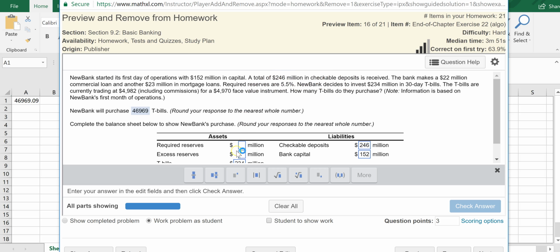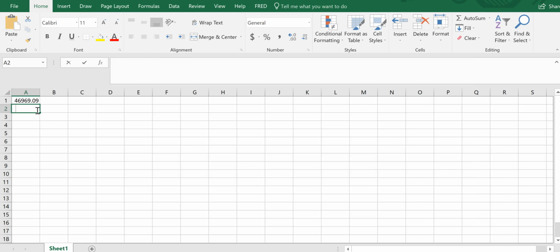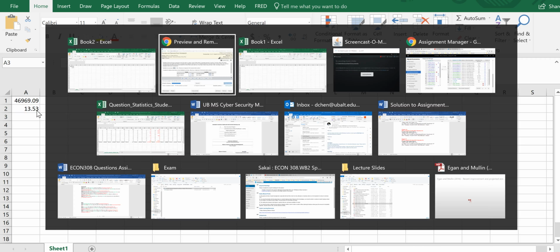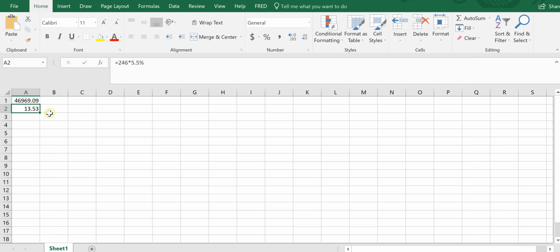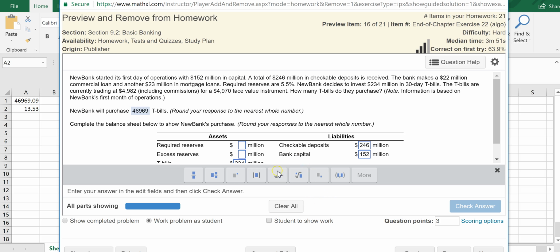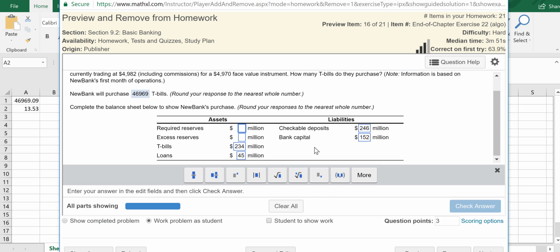So we can determine the required reserves, which is 5.5% multiplied by 246. So that's 246 times 5.5%. So that gives me 13.53. So that's the required reserves.